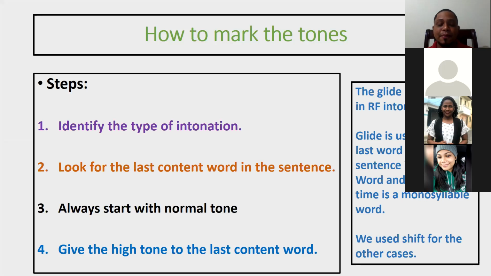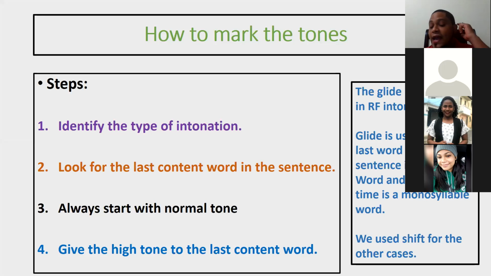That's the second step. Now, step number 3 is that you are going to start marking the tones normal. All the time, you're going to start with a normal tone. It doesn't matter if the first word is content or function. It doesn't matter. You are always going to start with a normal tone.